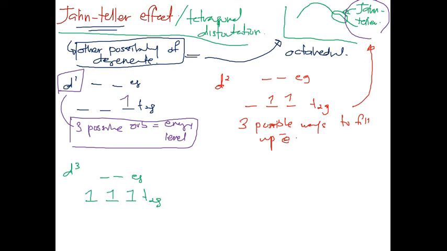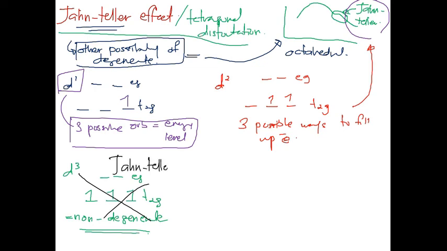Satu arrangement je, you tak boleh nak ubah dah. So with this, your electron ni is non-degenerate. So when you have a non-degenerate orbital, you won't see your Jahn-Teller effect.